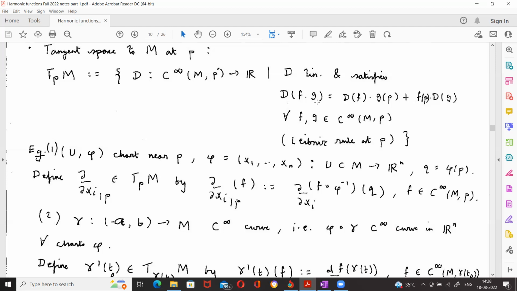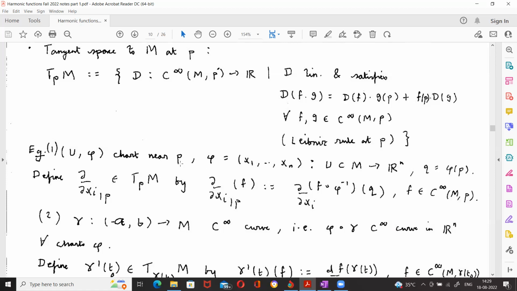So we're going to prove this, but before proving that this tangent space has dimension n, let's look at some elements of the tangent space which we can define naturally. For example, if I take a chart (U, phi) near P, where phi has coordinate functions x1 to xn, a map from U, a neighborhood of P, into Rn, let me call Q the image of P, so phi(P), a point in Rn.